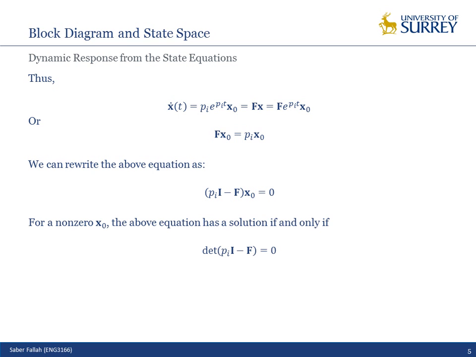If I put the determinant of pi I minus F equal to 0, I have a non-trivial solution. What does it mean? What is this relation, the determinant of pi I minus F?